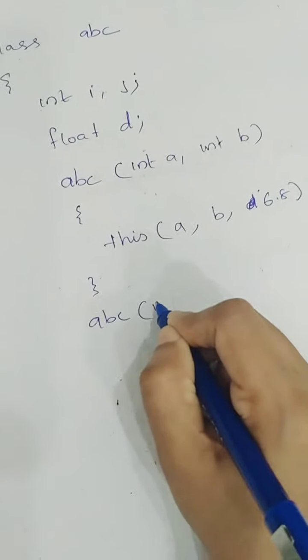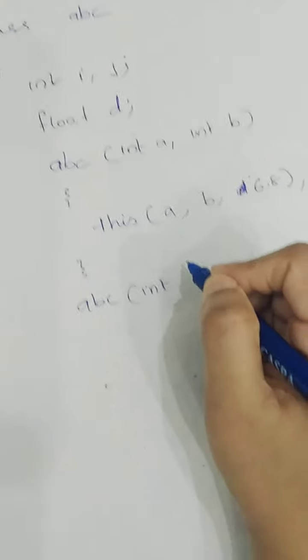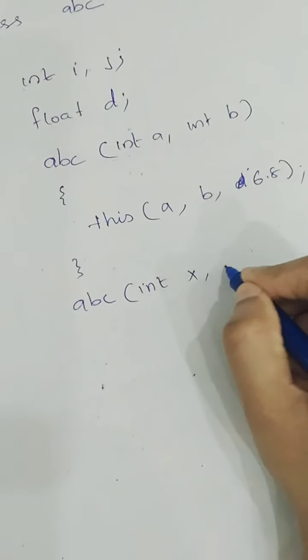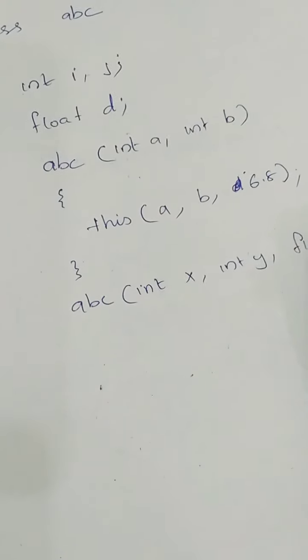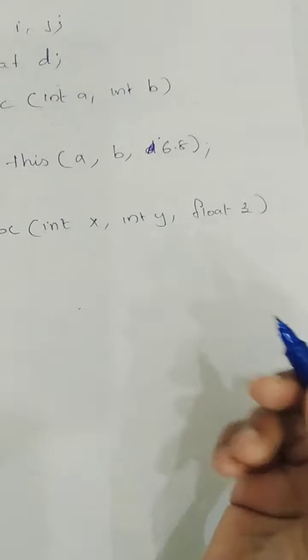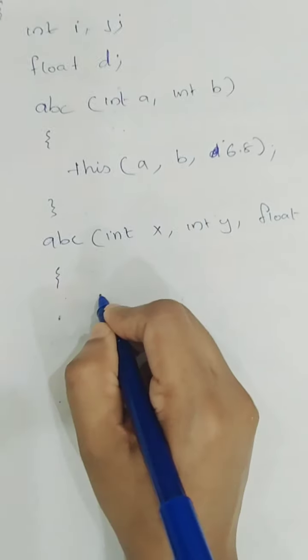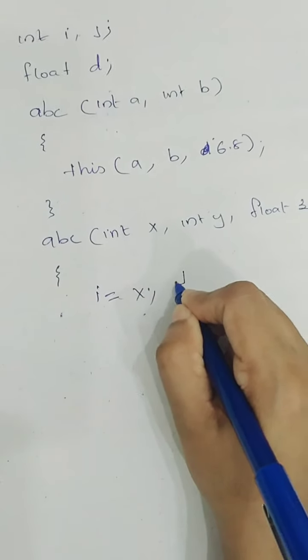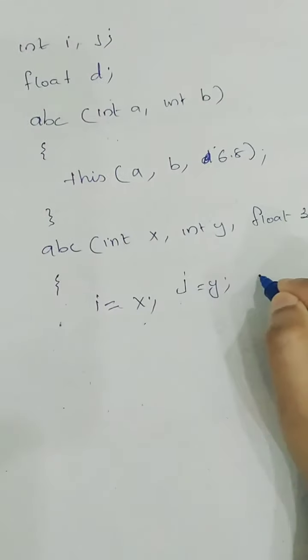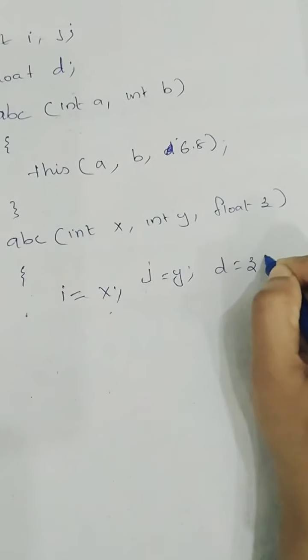ABC with int x, int y, float z. Here i is equal to x, j is equal to y, d is equal to z.